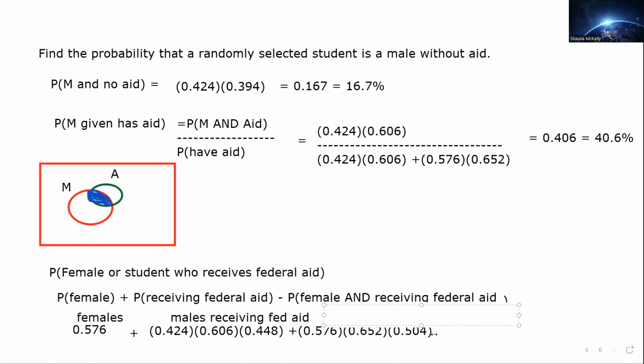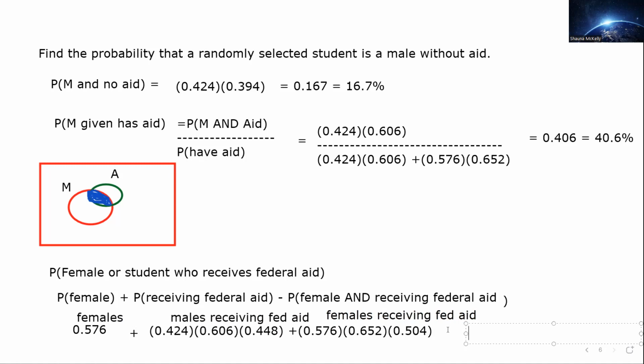So I'm going to say minus, and I'm going to have the same group. So this is my females receiving federal aid. And I'm going to actually have to subtract that group.